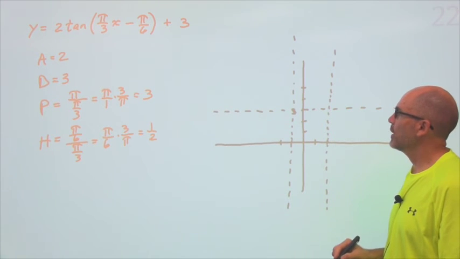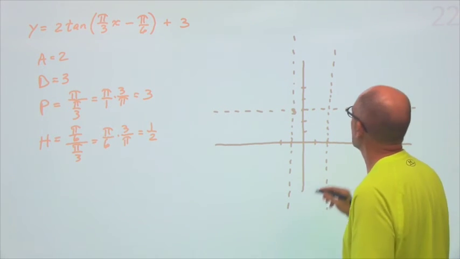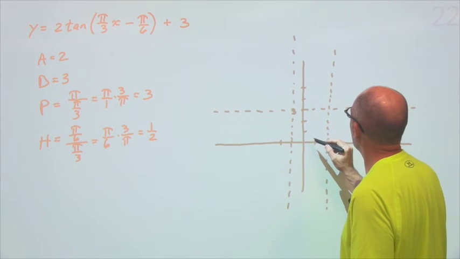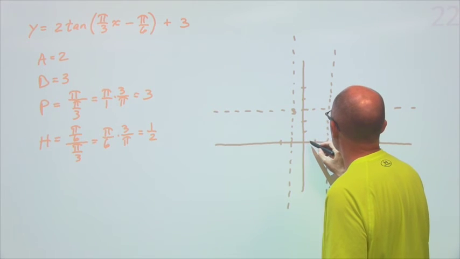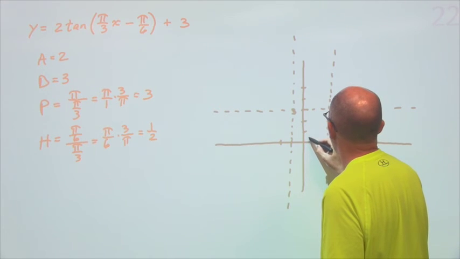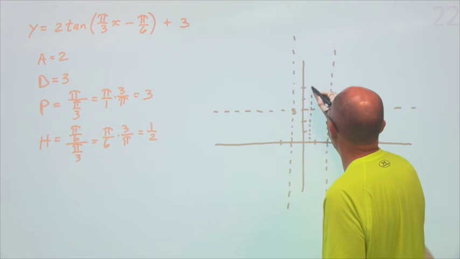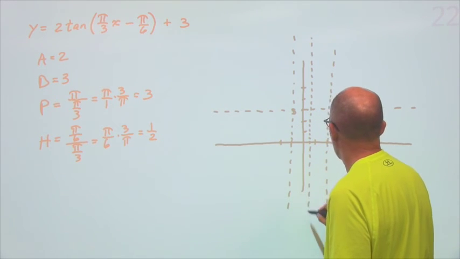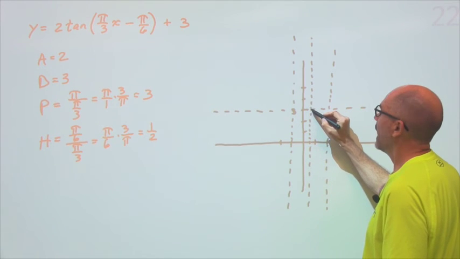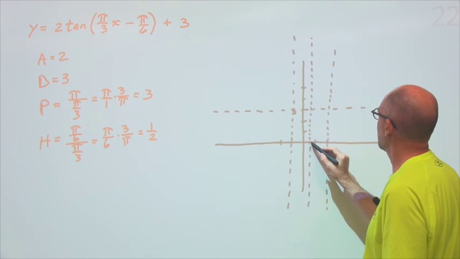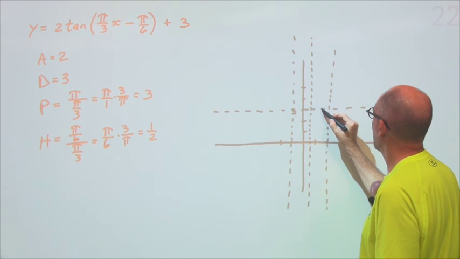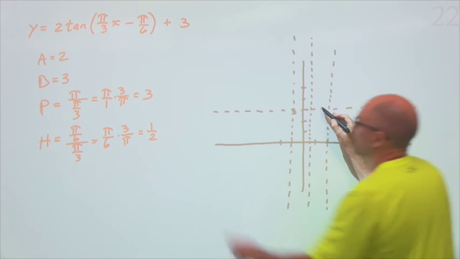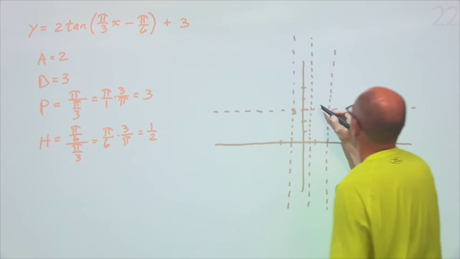Now, the only other thing we need is the amplitude being 2 means that when we're in the middle of the period, which the middle of the period is now 1/2 to the right. Okay, when I go half of this distance, so half of 1.5 would be 3/4, I would go up 2 instead of just up 1.